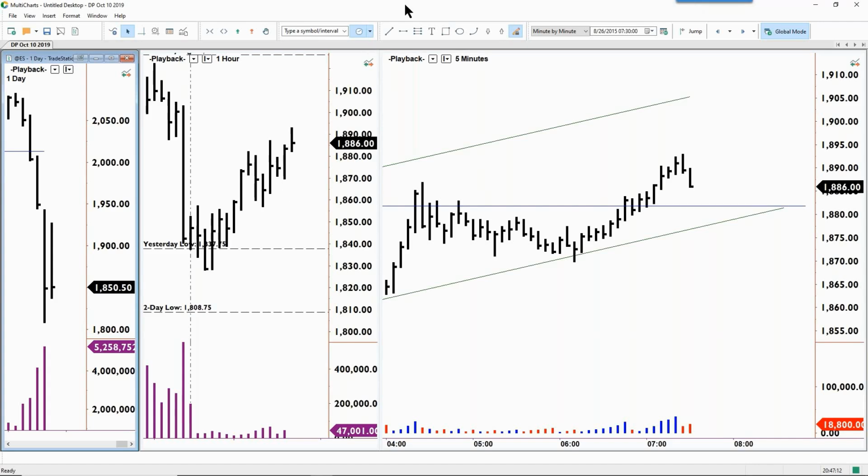So just from the hourly chart at this point, this bar is only halfway through. We're not all the way through, but you can see that we're starting to come down here on the 5-minute chart, right? What is this telling you about the supply in here, do you think?